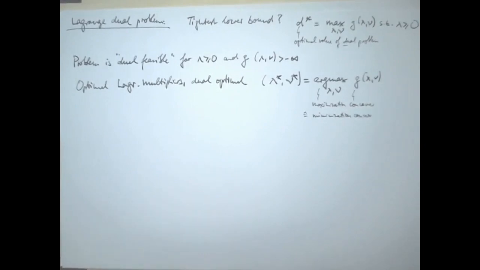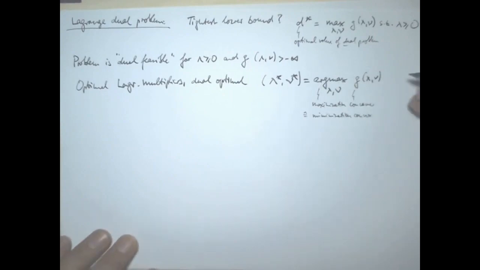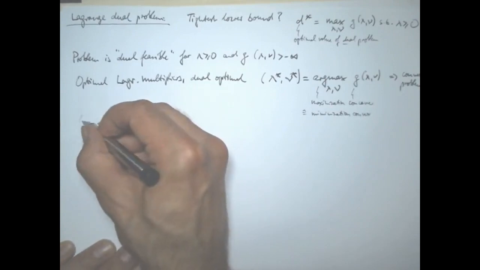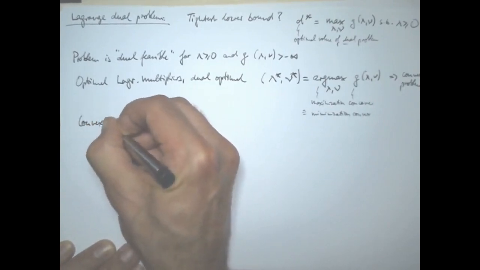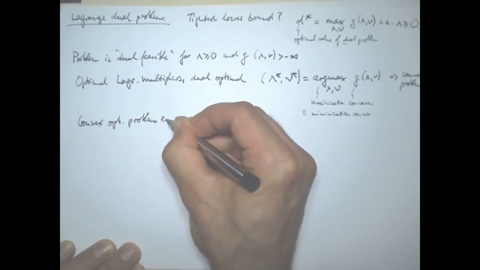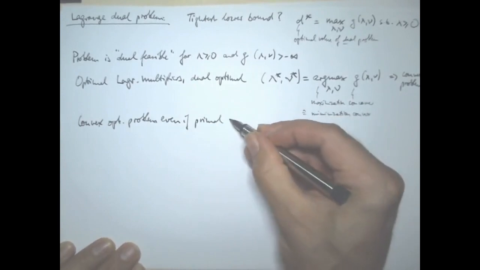So we can say that overall this is a convex problem. And again, I should stress it is a convex optimization problem, even if the primal problem, the original problem, is not convex.